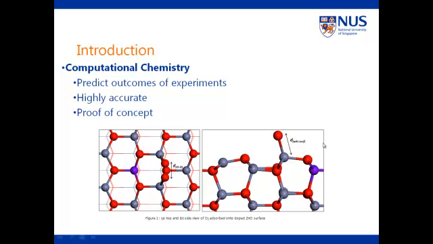We can measure the bond length between oxygen and the metal, which is zinc, and also the bond distance between the oxygens. This will allow us to gain some insights on the nature of the adsorption, whether it's physisorption or chemisorption, and the kind of effects it has on the surface as well as the oxygen molecule that's adsorbed.